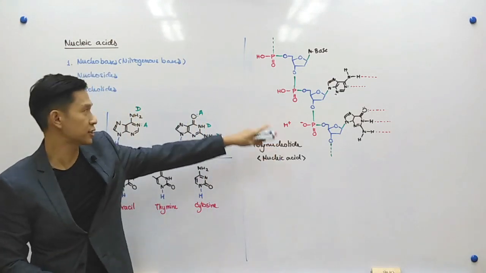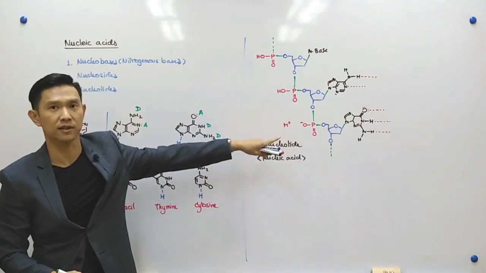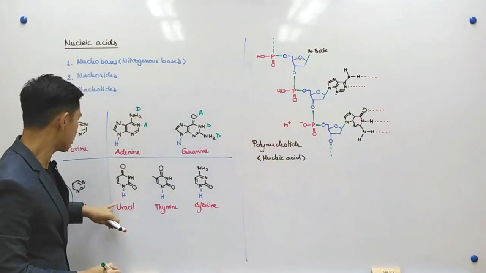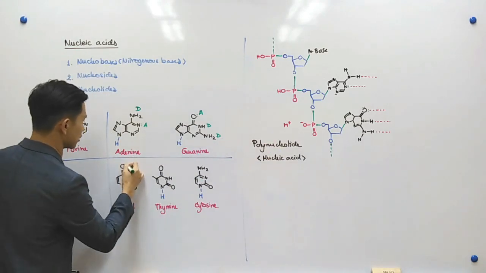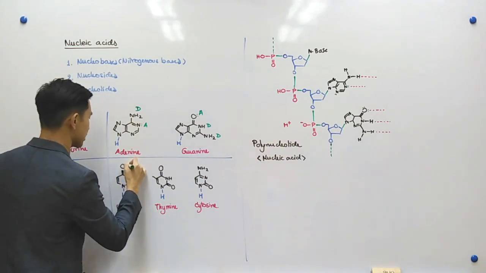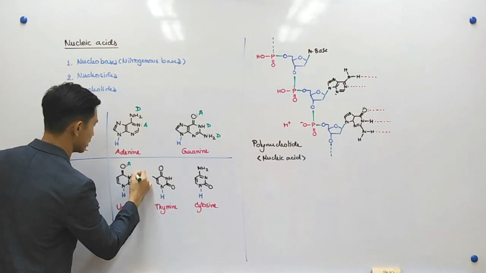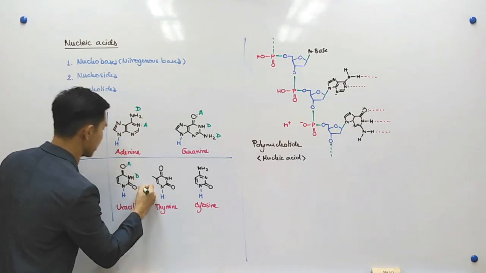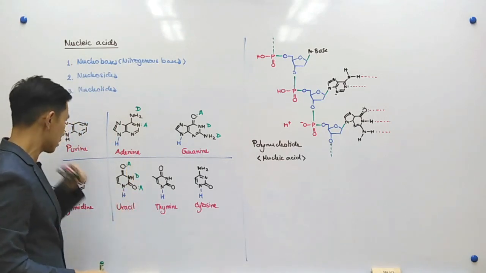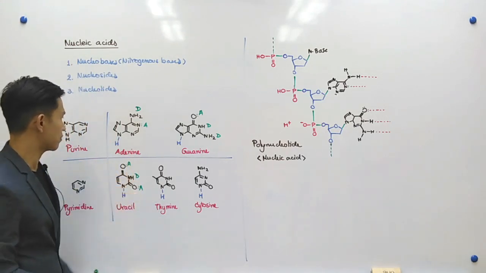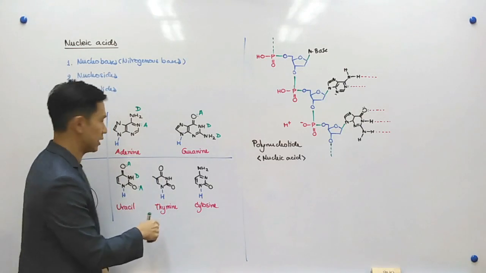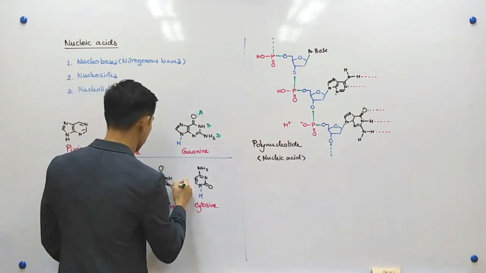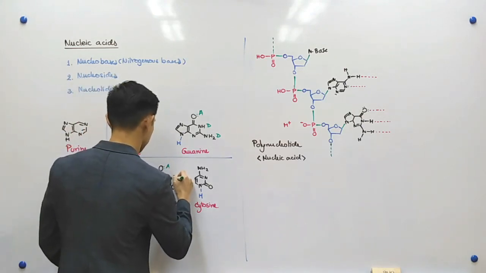So as I extend the chemical structure like that. Okay. For this uracil, this electron pair acts as hydrogen bond acceptor. H over here is donor, and electron pair over here is the hydrogen bond acceptor. So you have acceptor, donor, and acceptor. And again, for thymine, acceptor, donor, and acceptor.